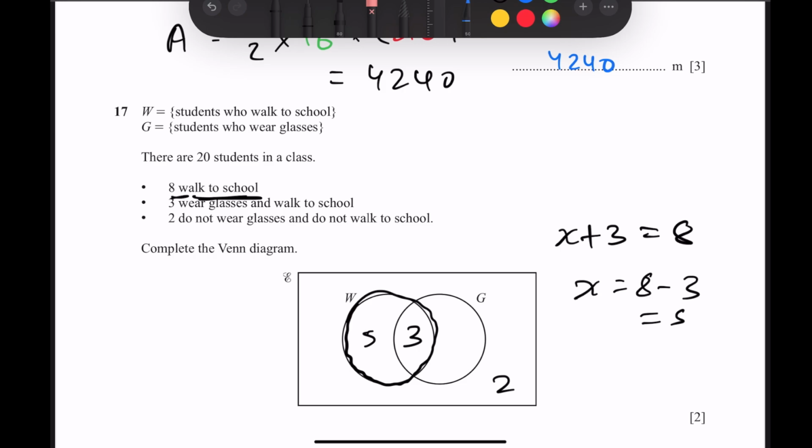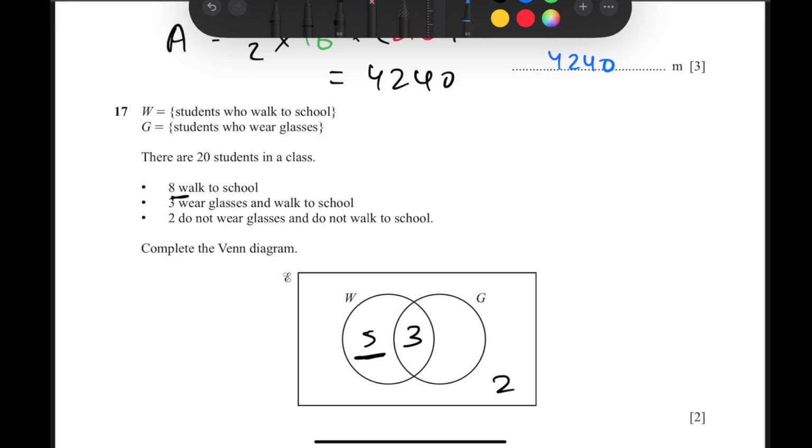And 3 out of those 8 people also wear glasses, and 5 do not wear glasses. Therefore, we get this point from both the first statement and the second statement, and we get 3 from the second statement alone.